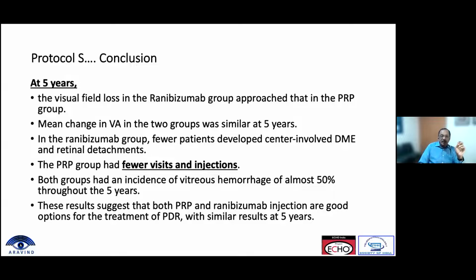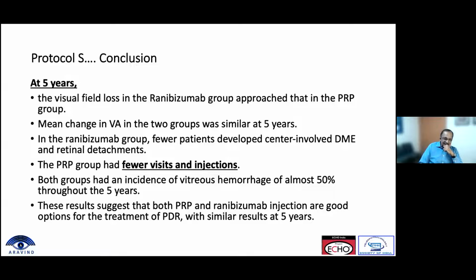But most importantly, the PRP group had very few visits, almost half the number of visits compared to the anti-VEGF injection group, where they had to make multiple visits, 42 visits compared to 21 visits in these patients. Both groups had an incidence of vitreous hemorrhage of almost 50% during these 5 years.